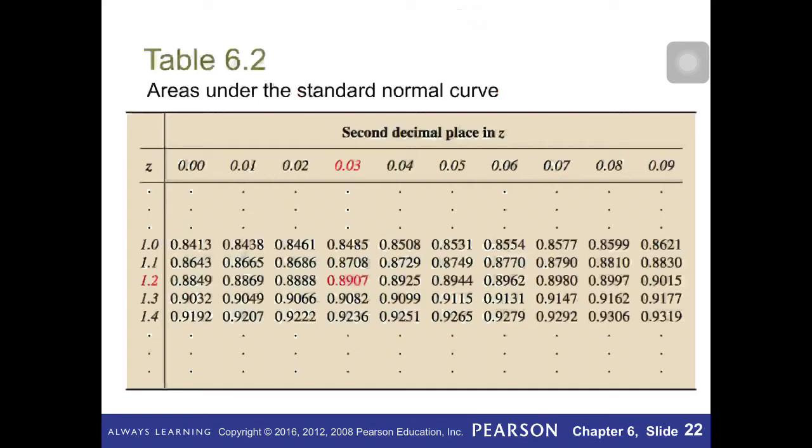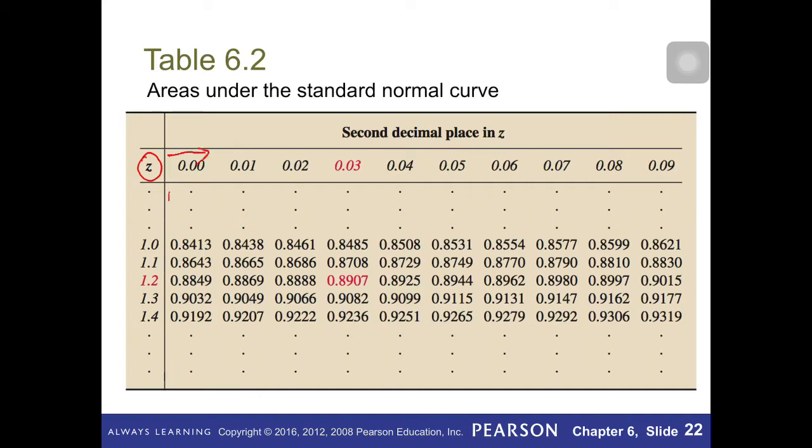It looks like this. The first column has values like 1.0, 1.2, something like that, up to 3.0, I think. The first row mentions the second decimal place, 2 decimal places.